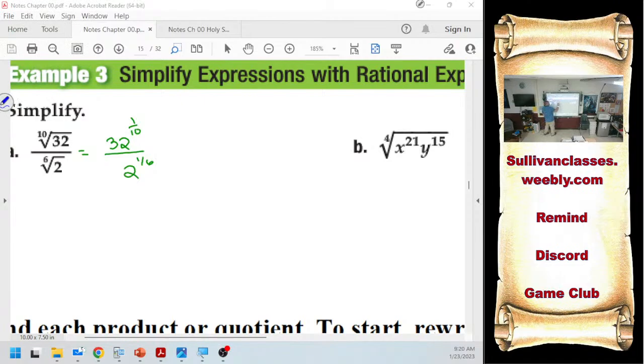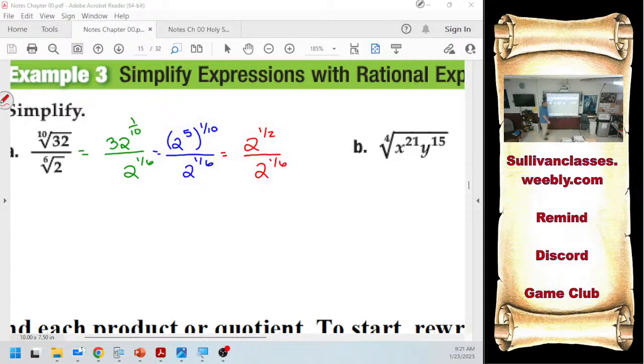So if this is 2 to the 5th to the 1/10th, then that's 2 to the 1/2. And 2 to the 1/6.